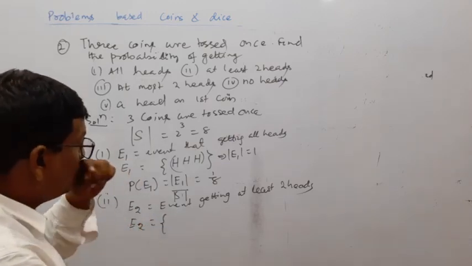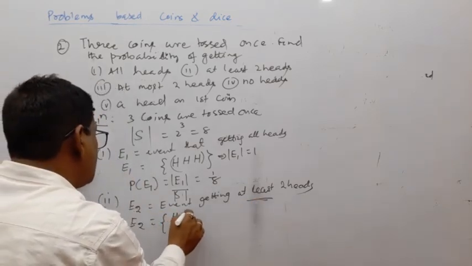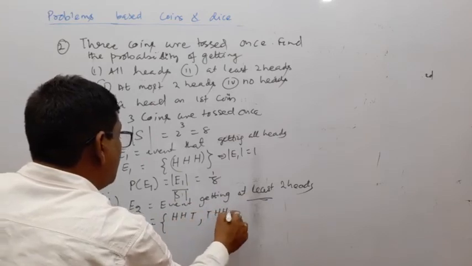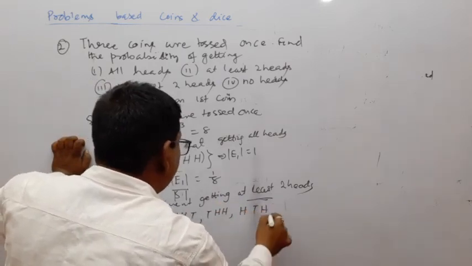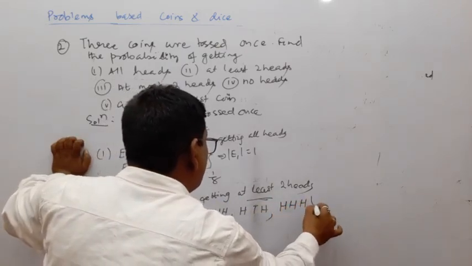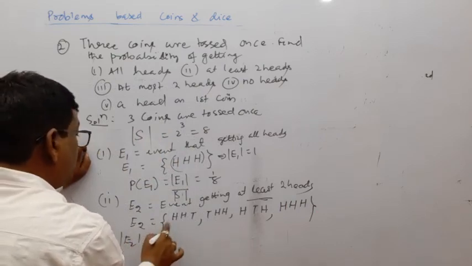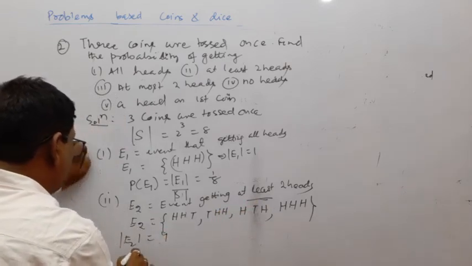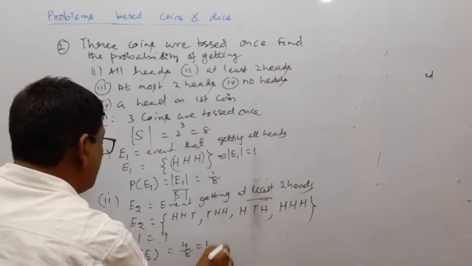First HHT, and THH, and HTH, then HHH. So the cardinality of E2 is equal to 1, 2, 3, 4. That is 4. Therefore, P of E2 is equal to 4 by 8, that is 1 by 2.